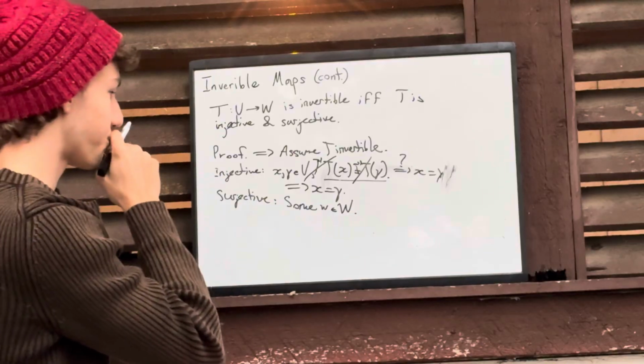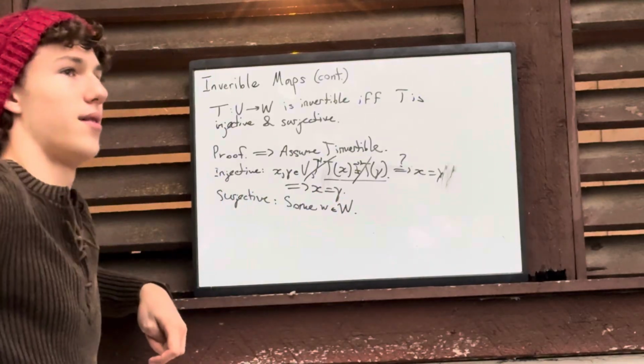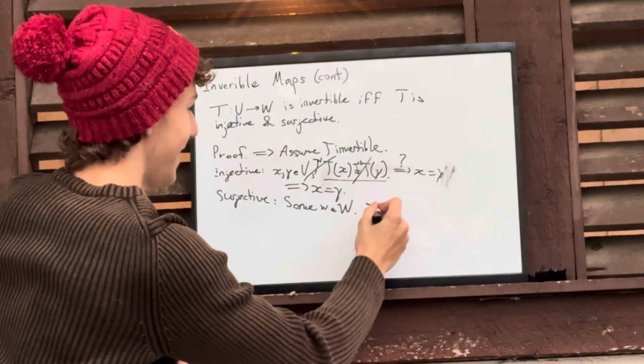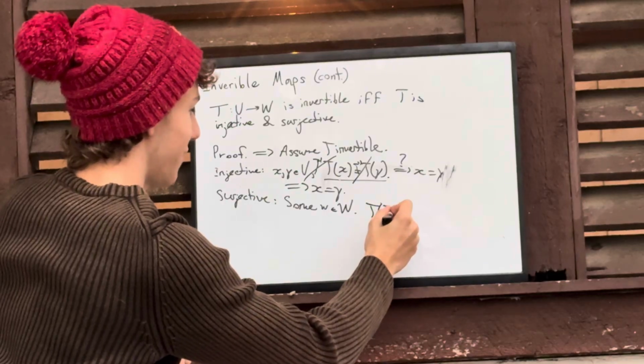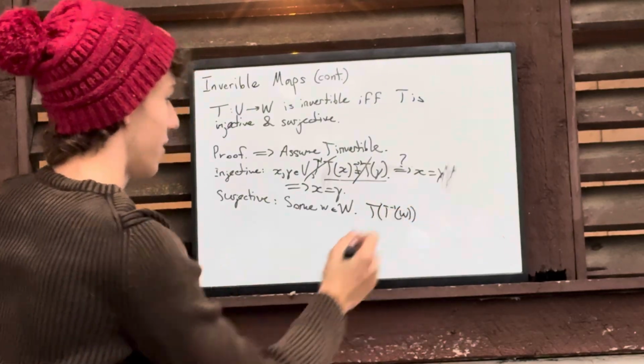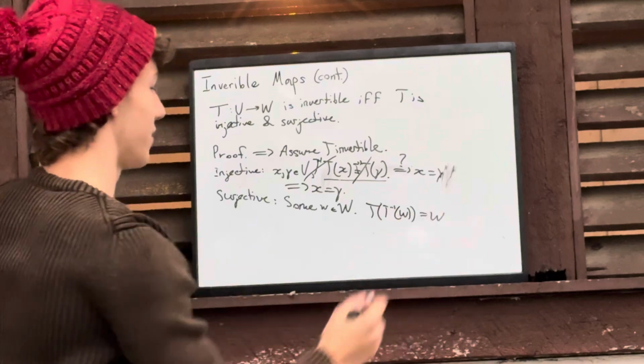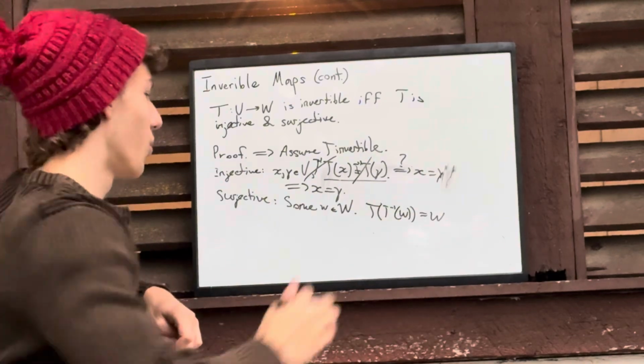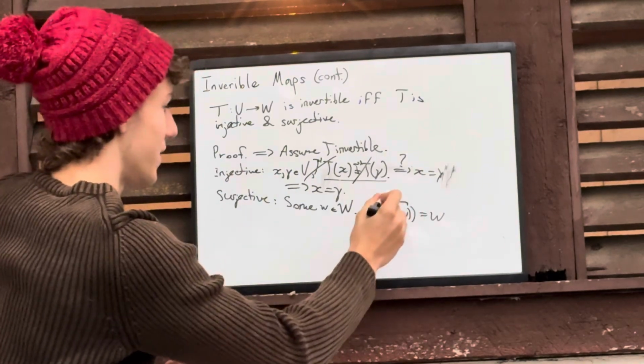Well, remember, T of T inverse of w is just equal to w. That's my first instinct. What type of quantity is that inside?